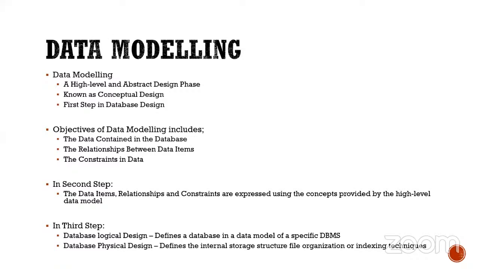That's the relationship. This will be considered under data modeling, which is the first step in your database design. Lastly, you will also be looking at the constraints in data.